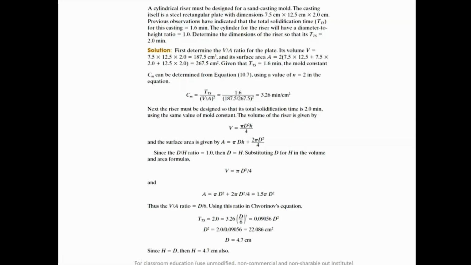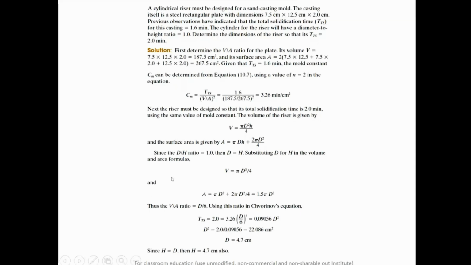Now the next step is to design the riser so that its total solidification time is 2 minutes. We have to ensure that the solidification time of the riser is high in order to eliminate the solidification shrinkage, so that it will continuously supply molten metal into the mold cavity. Using the same mold constant, the volume of the riser is pi d squared h by 4, and the surface area of this cylindrical riser is pi d h plus 2 pi d squared by 4.